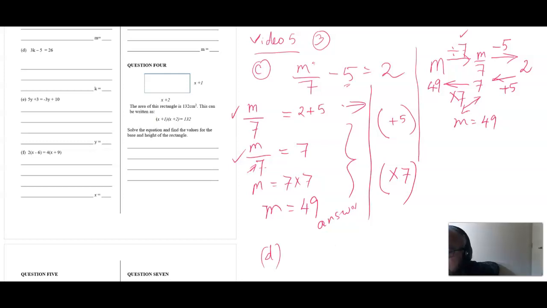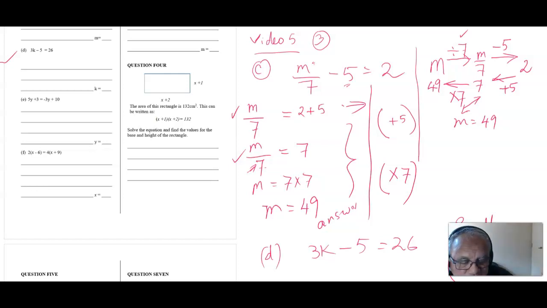That's one of the problems with my touch screen, so you have to excuse me. 3K minus 5 equals 26. That's the one I am about to do. I am not going to do the backtracking now. So these are my recall. During the test, I expect you to show that recall.